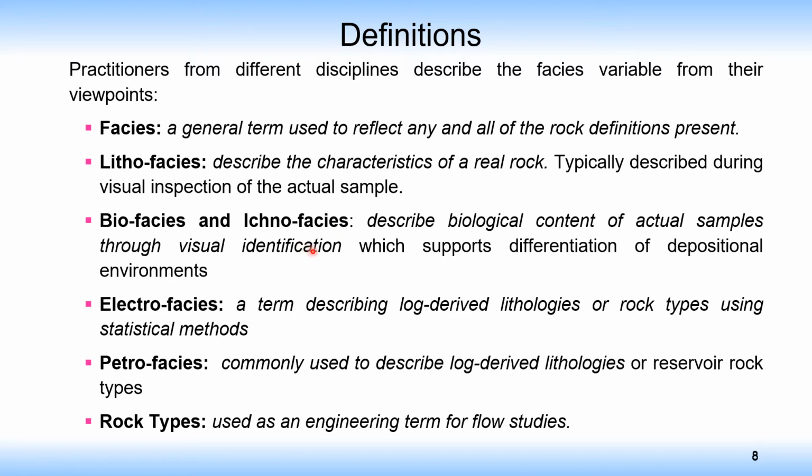Biofacies and ichnofacies describe biological content of actual samples through visual identification, which supports differentiation of depositional environments. You'll sometimes hear people more commonly use the term depofacies. Electrofacies is a term describing log-derived lithologies or rock types using statistical methods. These are multivariate methods. Petrofacies is just a common term using log-derived lithologies or rock types. And rock types is the engineering term.